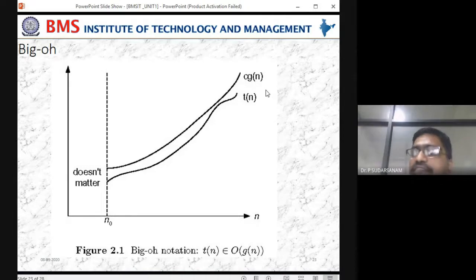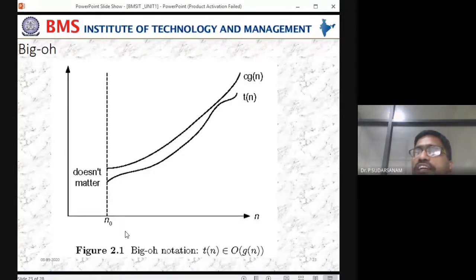There exists some positive constant c and n naught, a non-negative integer, such that t of n is less than or equal to c into g of n. Because t of n belongs to order of g of n, you have to write the inequality for this. t of n is less than or equal to c into g of n. That's all, where n is greater than or equal to n naught.